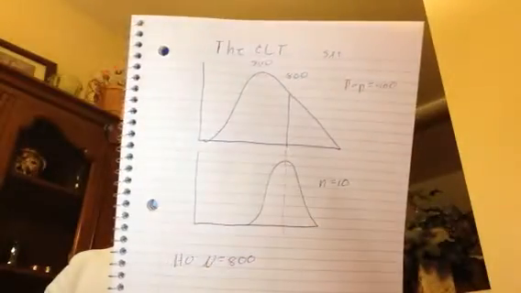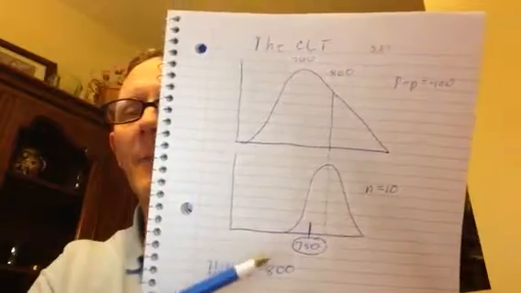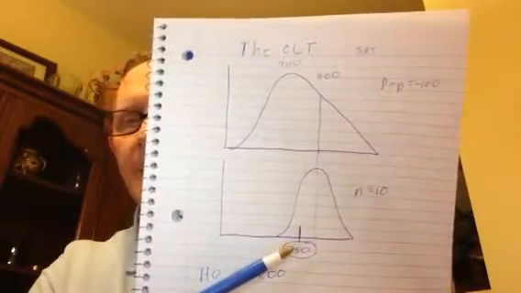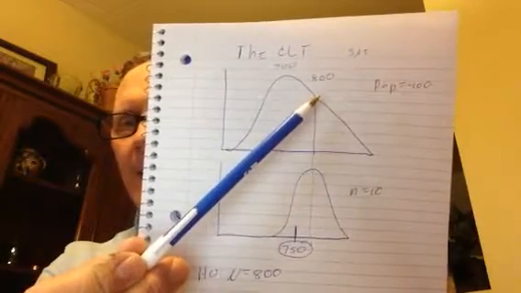Well, let's say then that we take a sample of our seniors, and the sample mean is 750. So we take a sample, and we get a sample mean that's 750. Now, we were guessing that the population mean is 800.